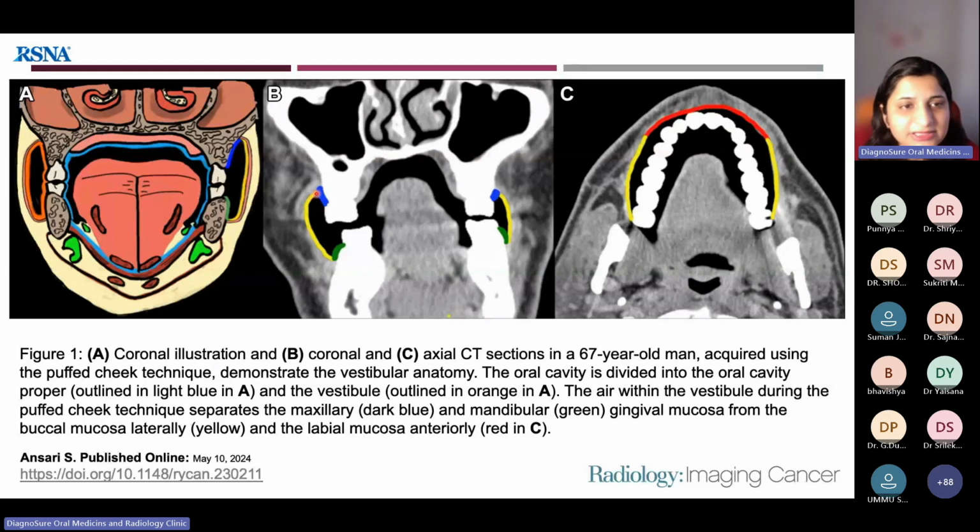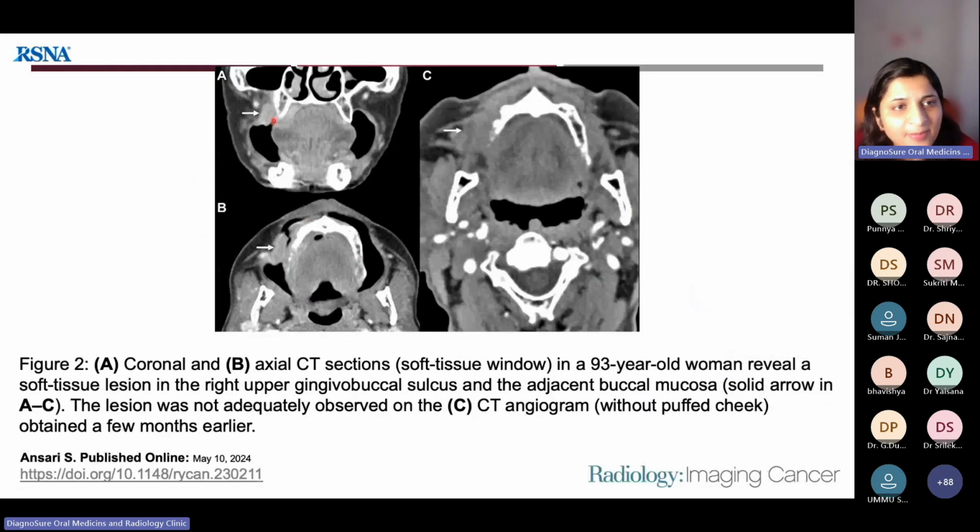So for example, here we can see when the patient has puffed his cheek, you can see this is the buccal mucosa, this is the maxillary gingiva, and this is the mandibular gingiva. It is all separated. Now, if you see this image, you can see this is the abnormal mass which was there in this patient's mouth.